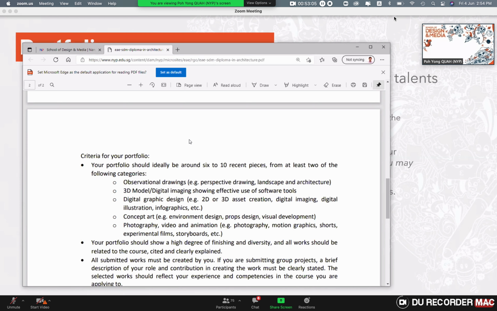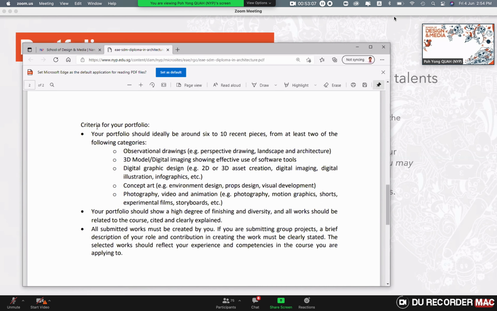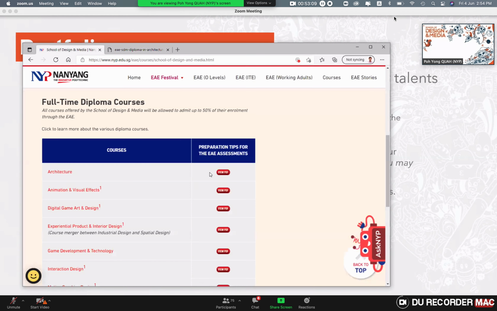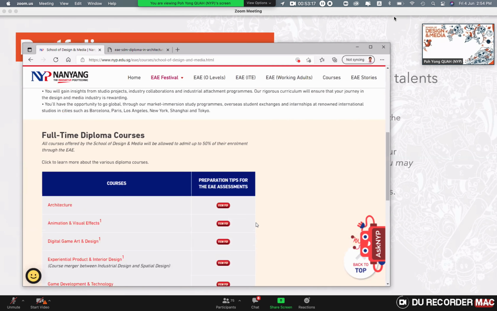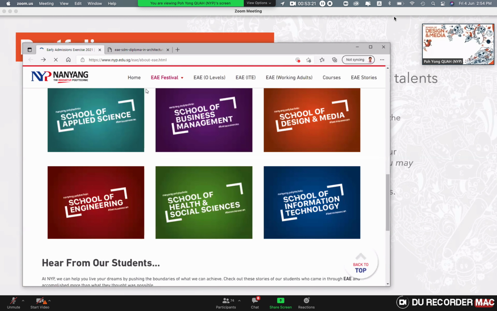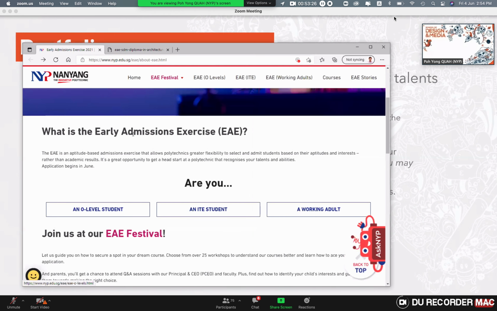If you go into that page, you will see all our courses listed here, and you can look at what each course is looking at. It's under EAE exercise under Nanyang Poly. You can look for this information. Okay, question?